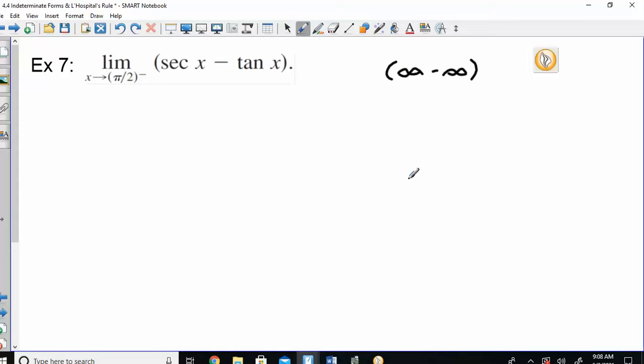So that tells me, first of all, it's indeterminate. I can't get the answer yet. But I have to somehow rewrite this so I can use L'Hopital's. These things aren't written as a fraction, but how could I rewrite secant? 1 over cosine. Let's do that. Minus, how could we rewrite tangent?